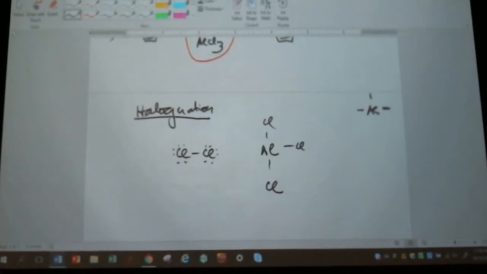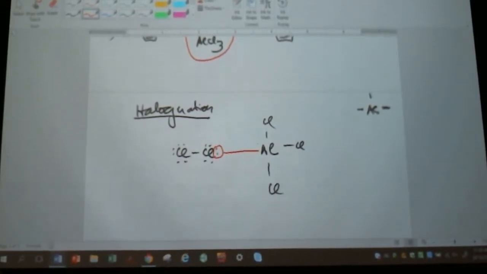Okay. Now, these 2 electrons here are going to form a covalent bond to aluminum. This being my nucleophile, this being my electrophile. When we do that, this chlorine is now positive, and this aluminum is now negative.